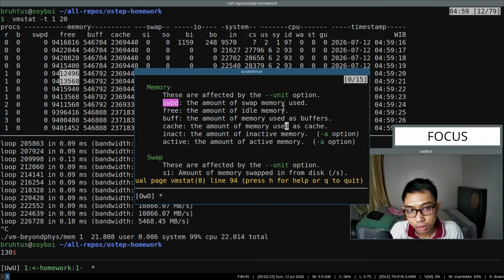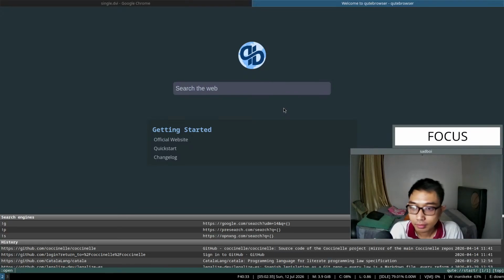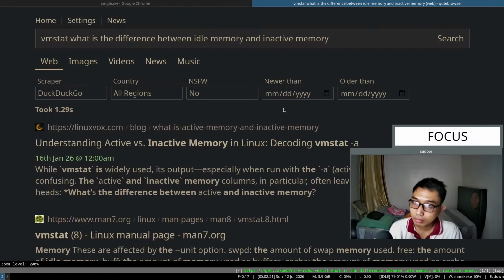That makes me wonder, what is the difference between idle memory and inactive memory? Let me check. The difference between idle memory and inactive memory.